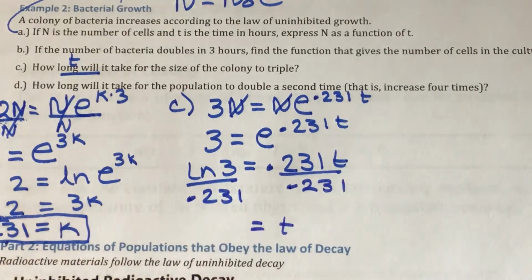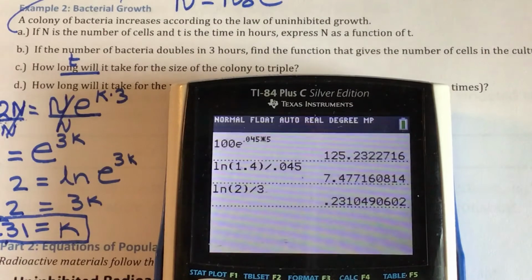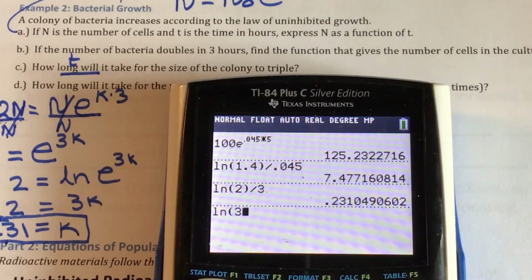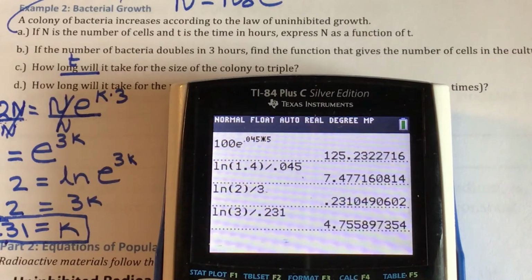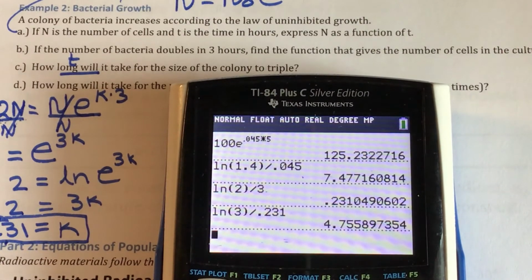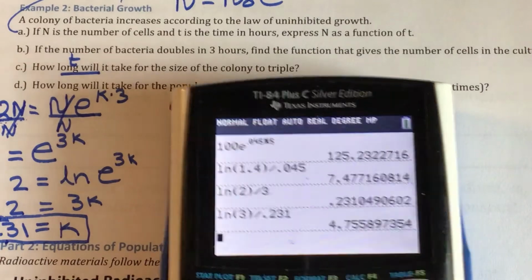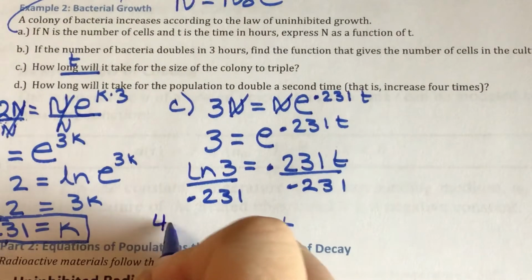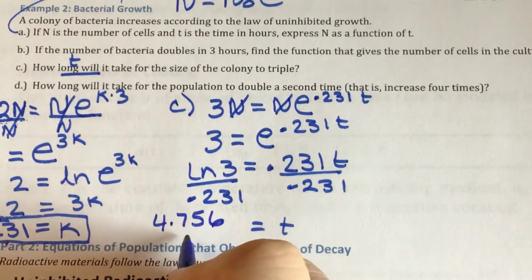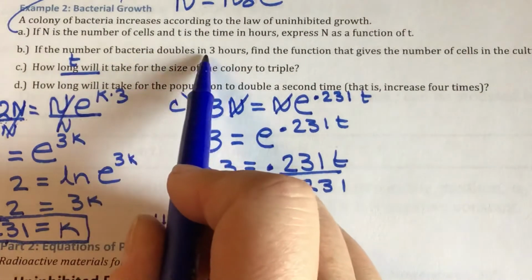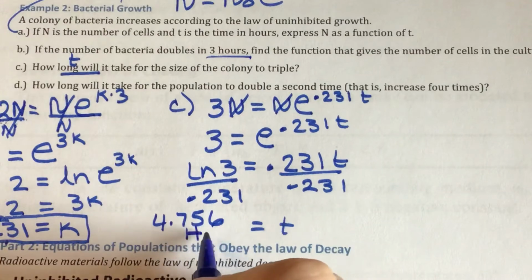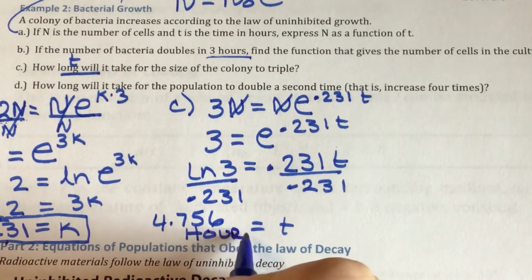And my time for this is ln of 3 divided by 0.231, which is 4.756. And how is this measured? Hours. So our time is measured in hours.